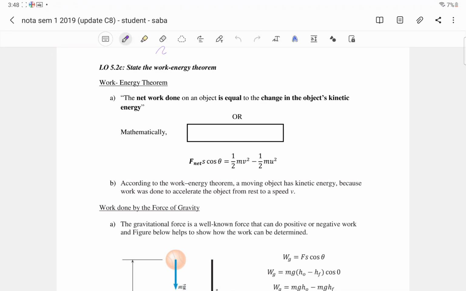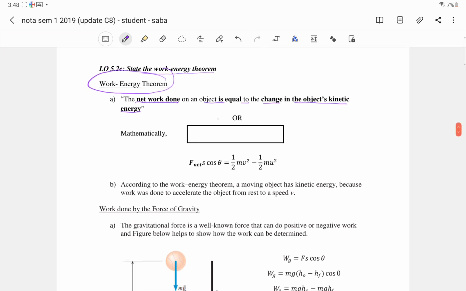State the work energy theorem. Alright, so this is the work energy theorem. What is meant by the work energy theorem is that the net work done on the object is equal to the change in the object's kinetic energy, or mathematically we write it as W equals delta K, where the net work done is equal to the change in kinetic energy.